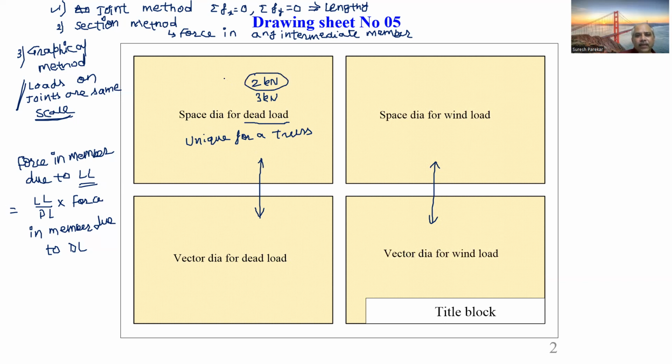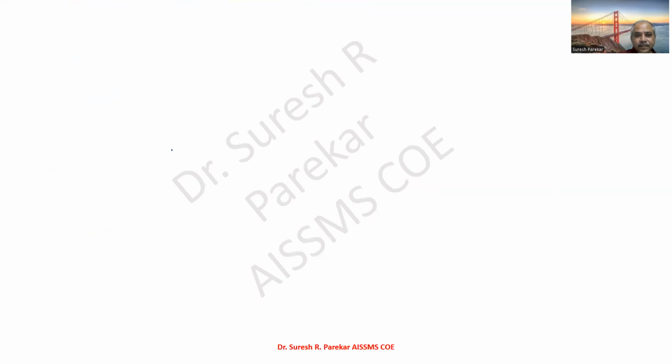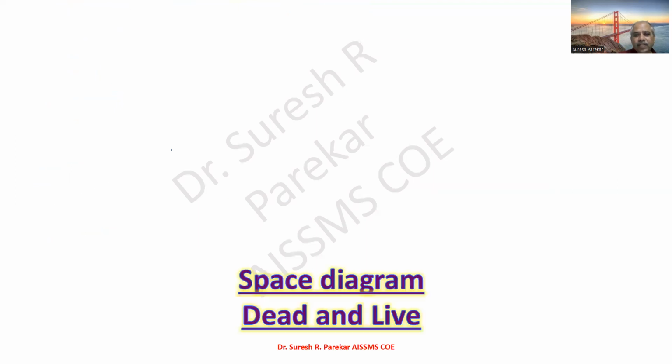In the first case you used 1 centimeter equal to 2 kilonewton, and now you come to know you have made a mistake, so you use a scale of 1 centimeter equal to 3 kilonewton. So it is unique for a truss, and therefore we use the graphical method in the analysis of truss.